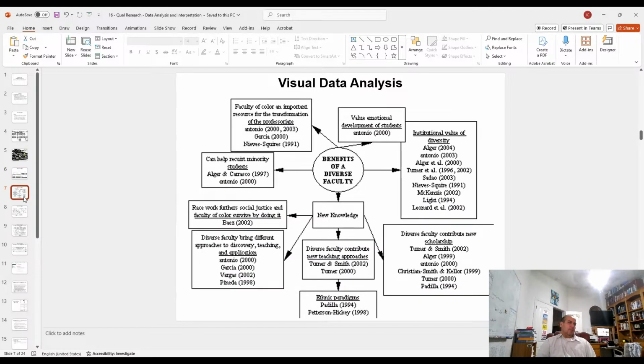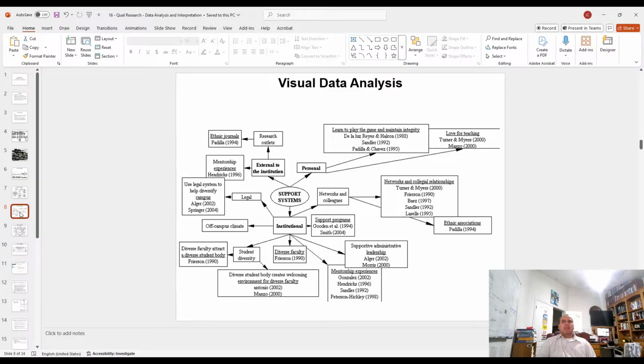Here's just another example, and some more examples of how you represent the data. A good analogy is a tree. You have the trunk, then you have the large branches. Connected to those are smaller branches.